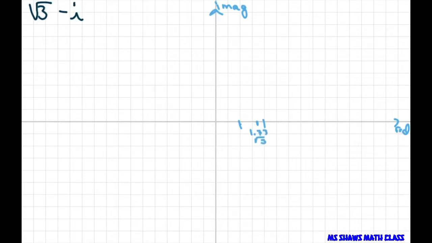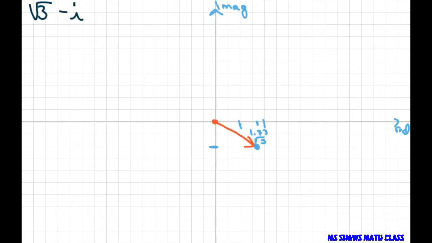And -i, so I'll just bring it down here. So our point is about right there. And so your Argand diagram would go from the pole down this way.